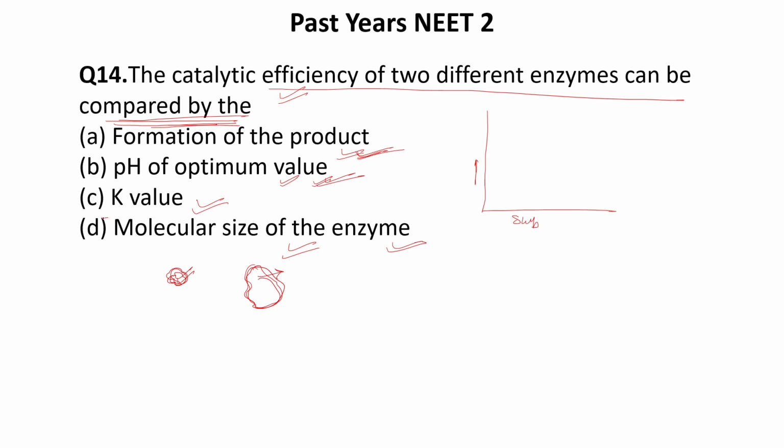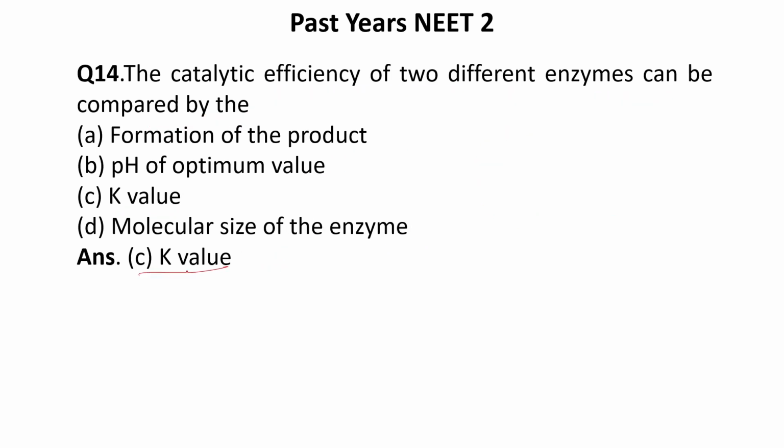So this K value, or we can say the velocity of the enzymic activity, gives you the catalytic efficiency of the two different enzymes. You can compare the catalytic activity of two different enzymes by this characteristic of the enzyme.